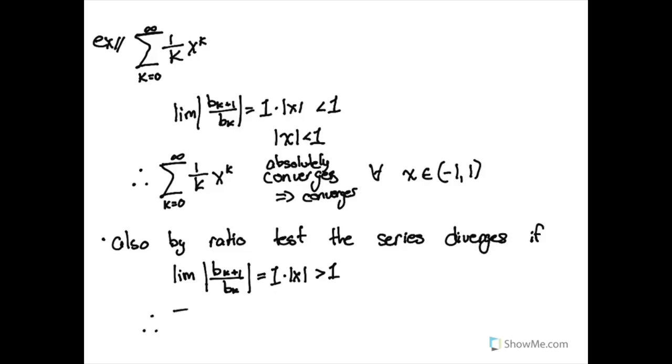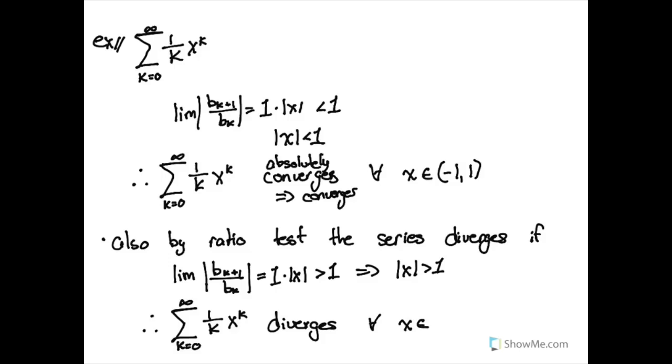So therefore, this implies that absolute x is greater than 1. So the power series 1 over k times x to the k diverges for all x with absolute value greater than 1, so we have the interval minus infinity to minus 1, union 1 to infinity.